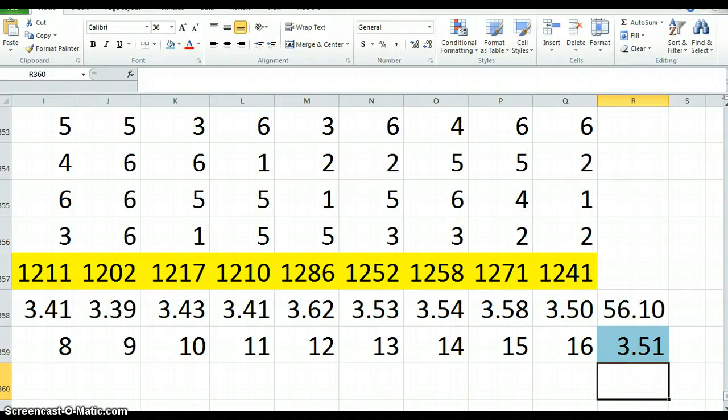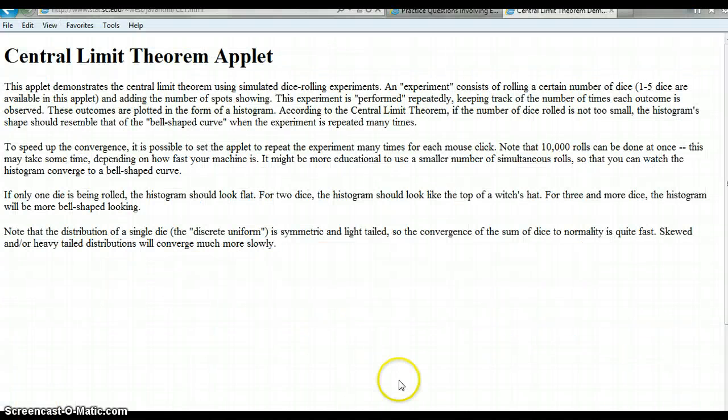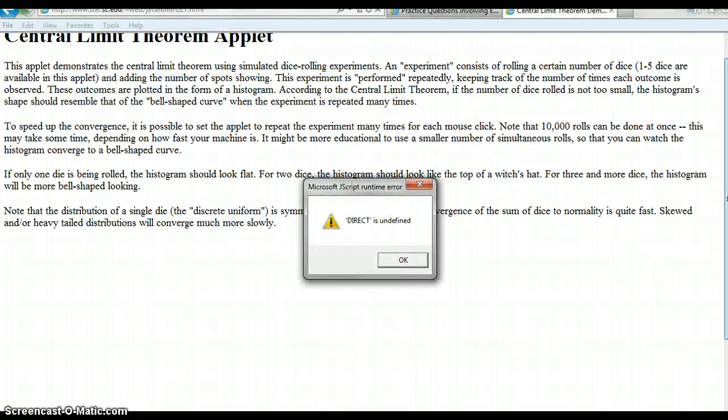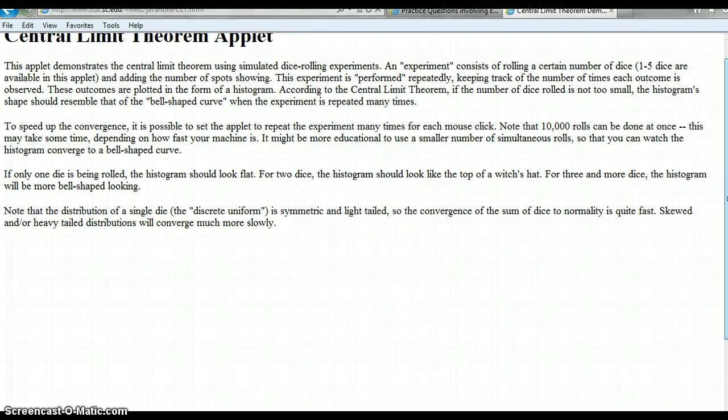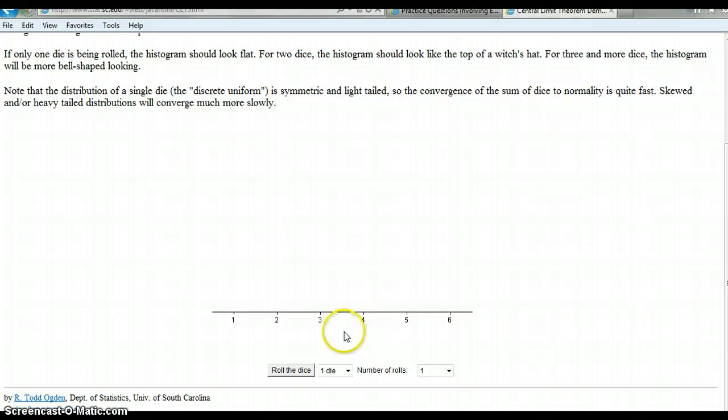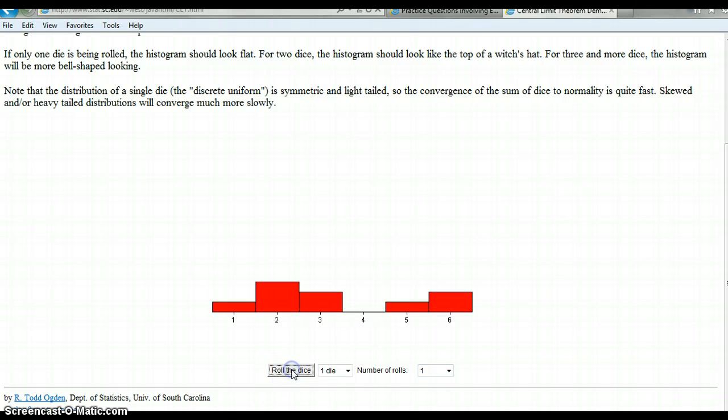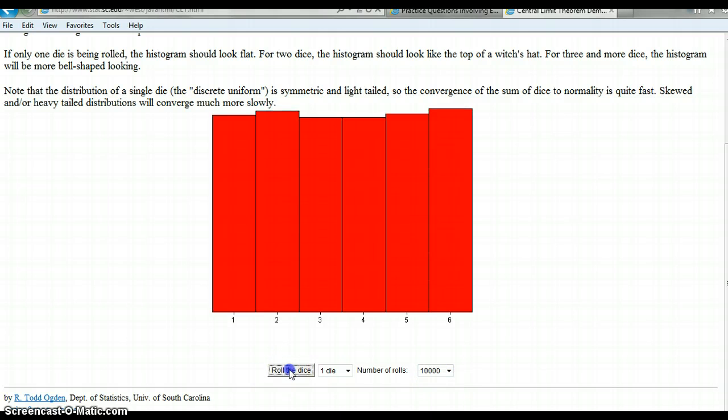Okay. Now I've got one more thing to show you. This is one of my favourite little applets. I just googled it and it comes up: central limit theorem applet, whatever you want to call it. So I'm going to throw one dice once, okay, and I can throw one dice 10,000 times.